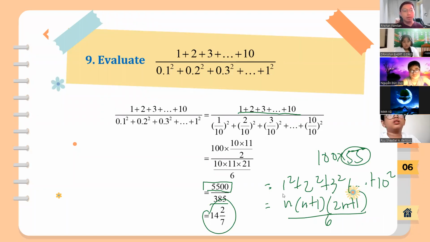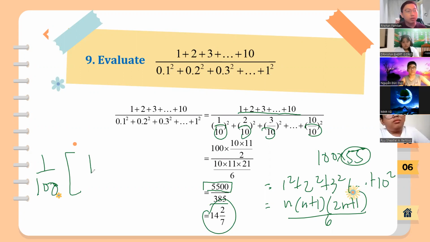55 is multiplied by 100 again, because if you factor out the 10 squared here, everything you'll have is 1 over 100. Okay, when we say factor out, we're basically removing the common factor. So this is 3 squared plus that, 10 squared.